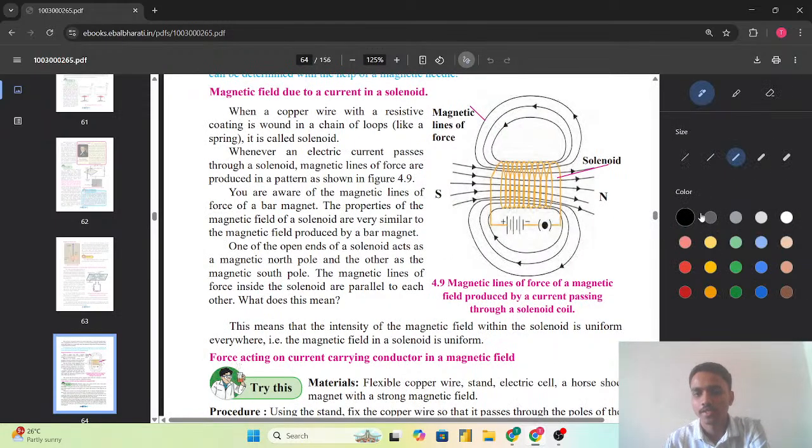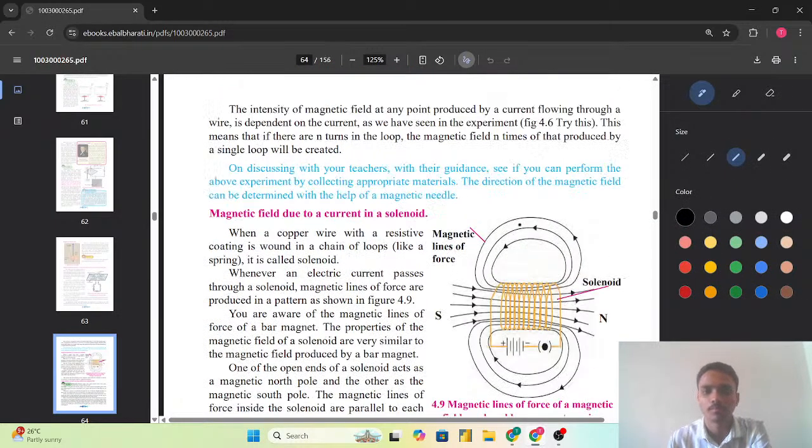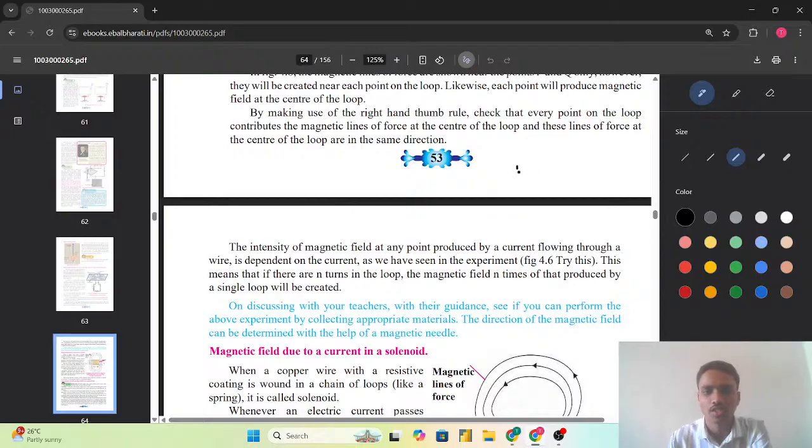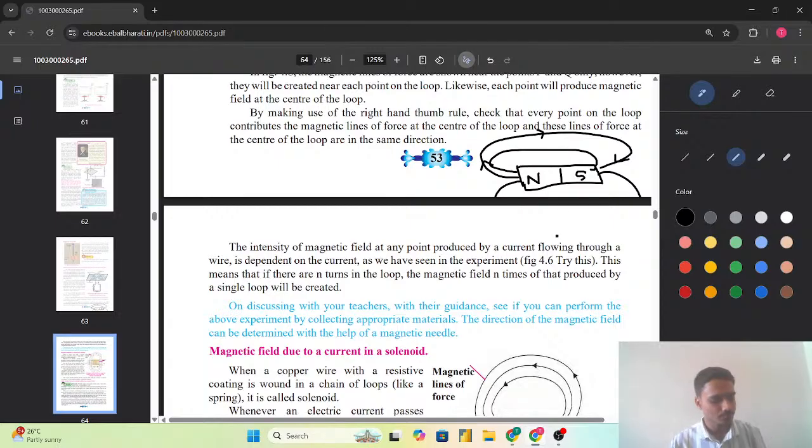As we studied in class 8, suppose here is the bar magnet with north and south poles. This is how the magnetic lines of force are generated, and this was the direction of the magnetic lines of force.